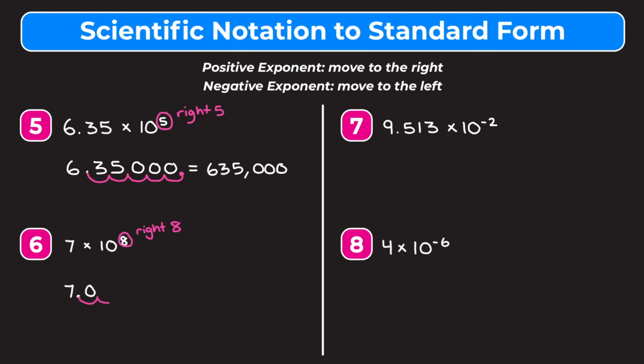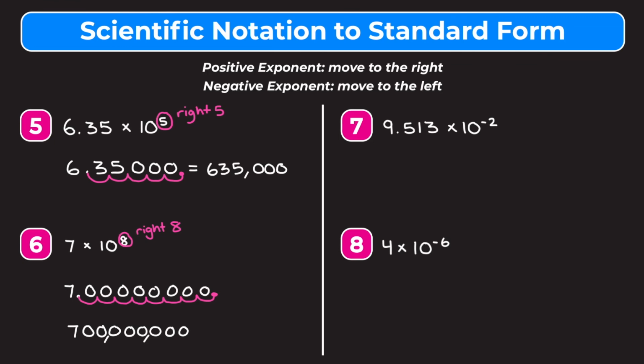So we go 1, 2, 3, 4, 5, 6, 7, 8. It ends up here. We have to fill in all of these zeros. And I'm just going to rewrite this so it's a little bit neater. Put my commas in and I get 700 million.